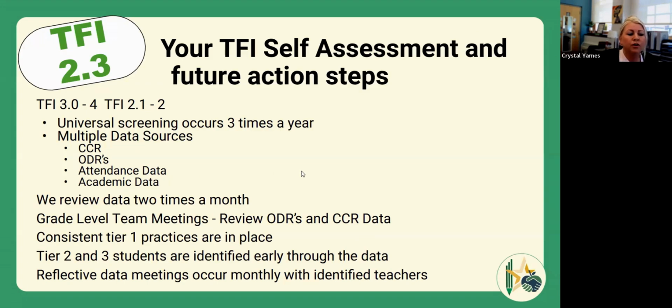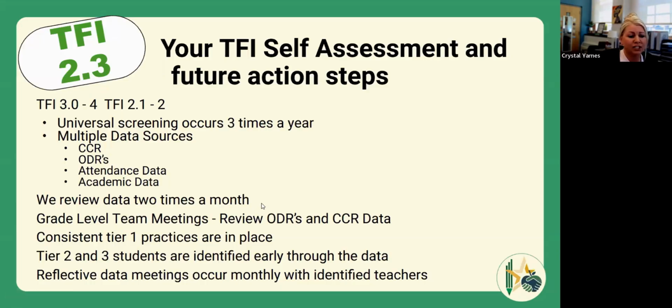We also use our grade level team meetings for our assistant principals to go in and review our ODRs and our CCR data with the grade level team so that they can take a deeper dive and be able to see where their grade level stands with the amount of students going into CCR and what those reasons are for.